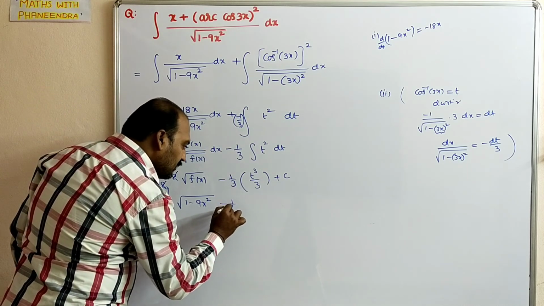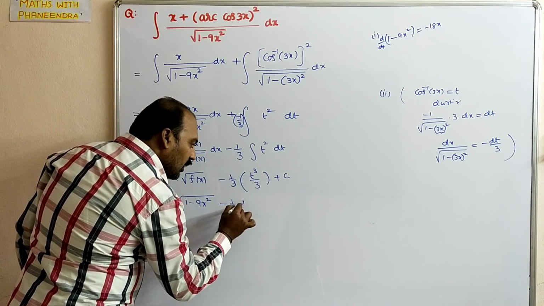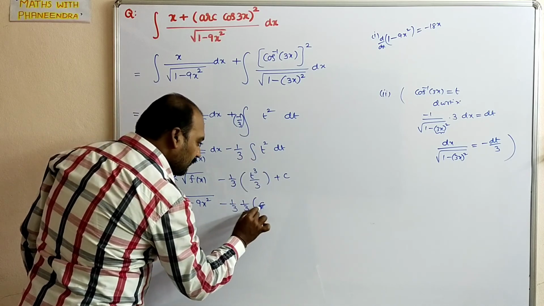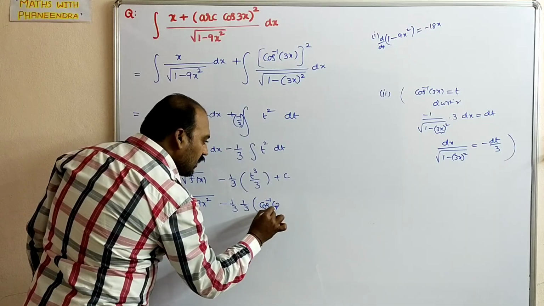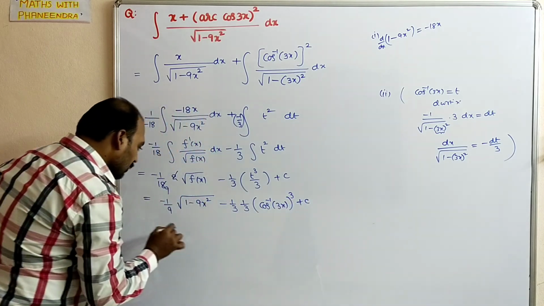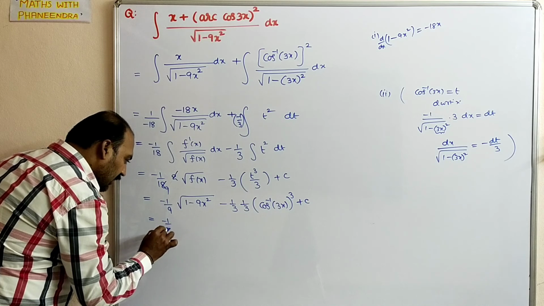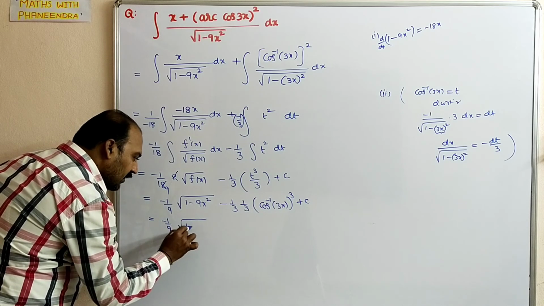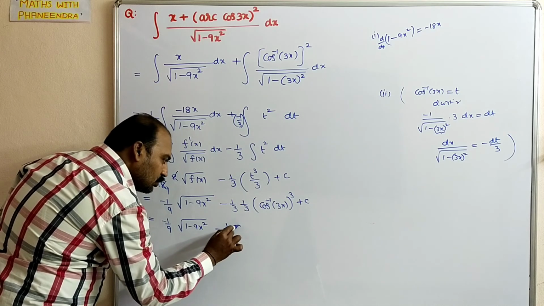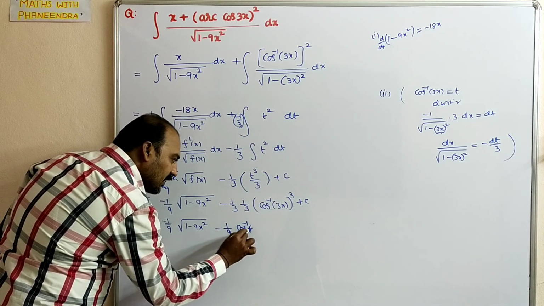Minus 1 by 3 into, already 1 by 3 is there, we can take outside. What is t here? Cos inverse of 3x whole power 3 plus c. So which is equal to minus 1 by 9 into square root of 1 minus 9x square minus 1 by 9 into cos inverse of 3x whole cube.